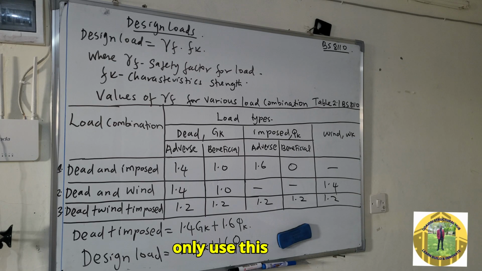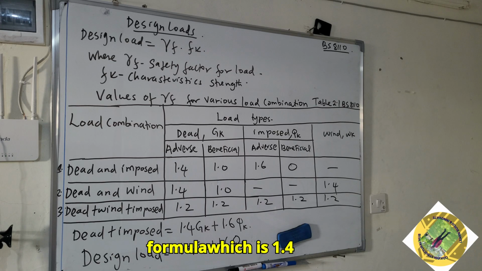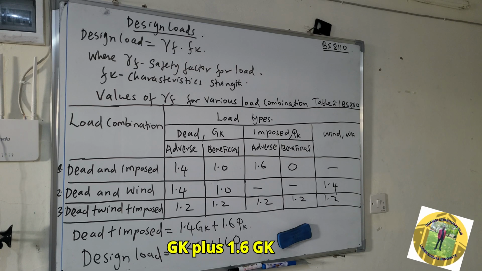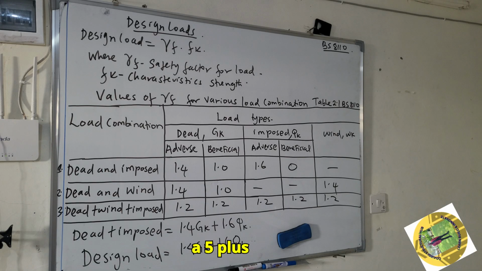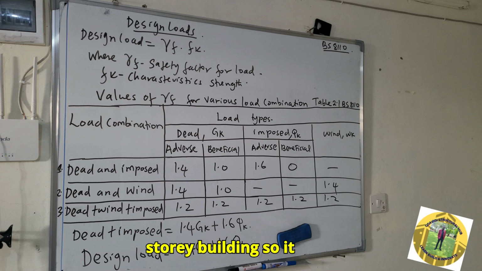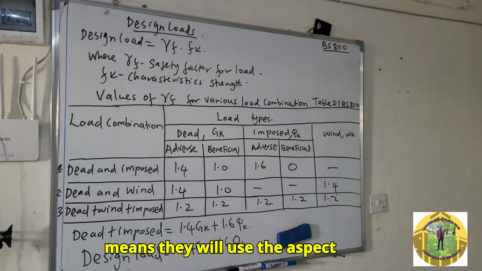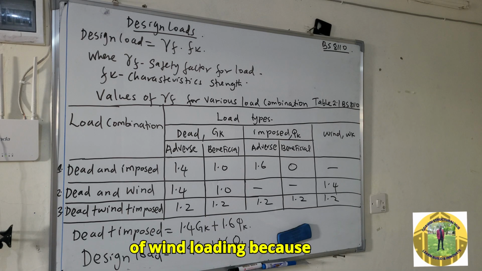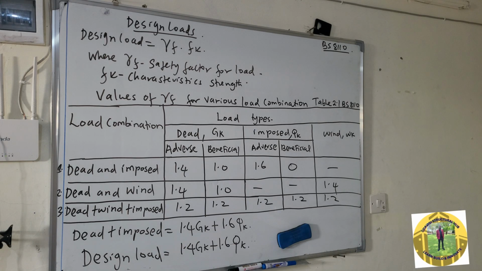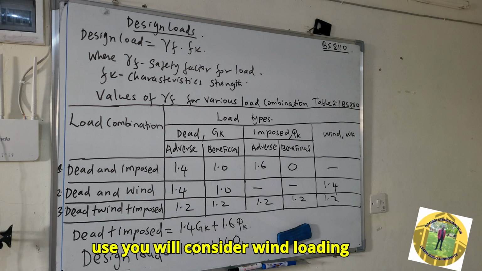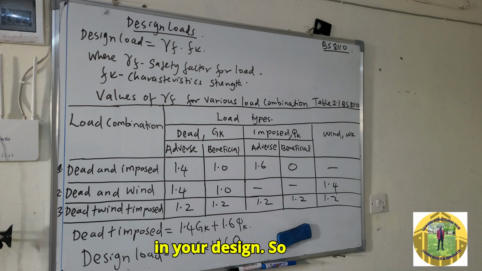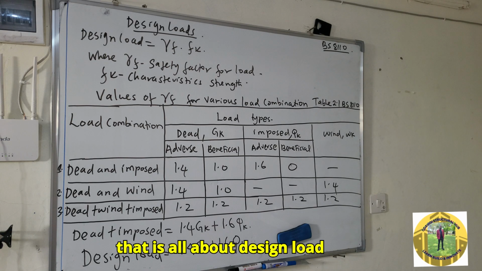So you will only use this formula, which is 1.4 GK plus 1.6 QK. Only those who are pursuing a degree are allowed to design a 5+ story building. So it means they will use the aspect of wind loading, because above 5 stories you will consider wind loading in your design. So that is all about design load.